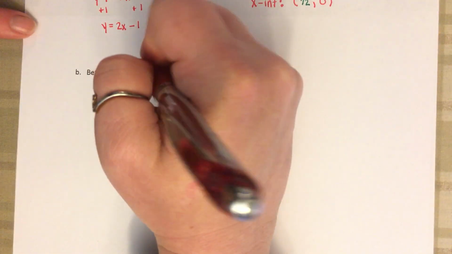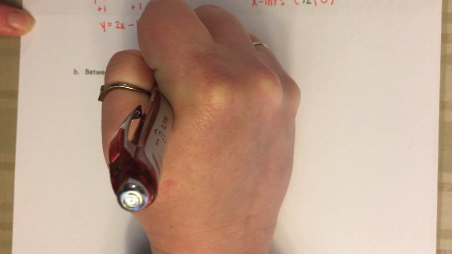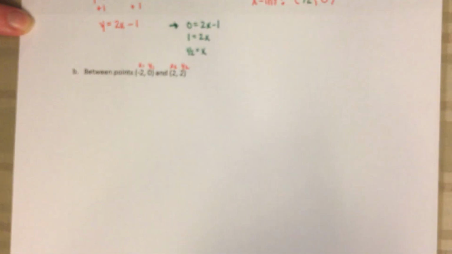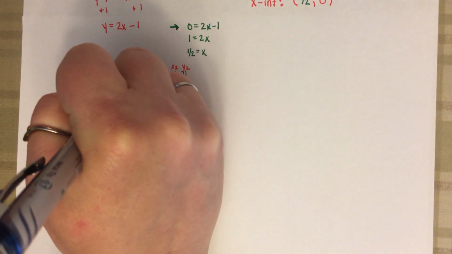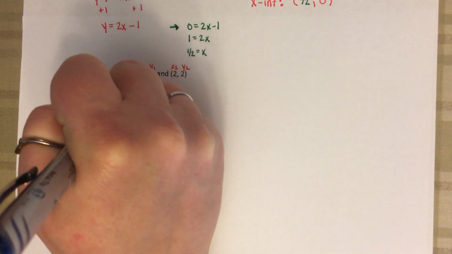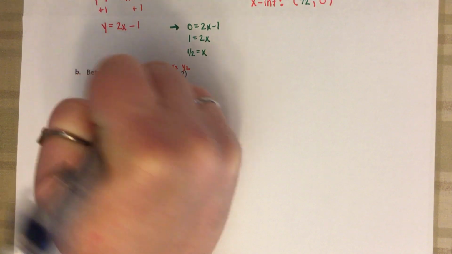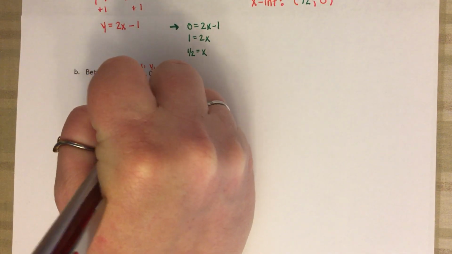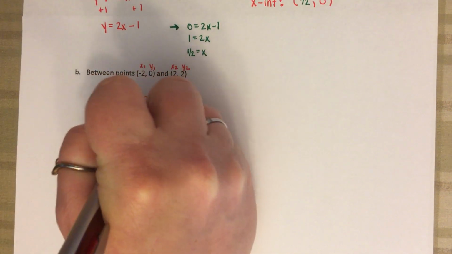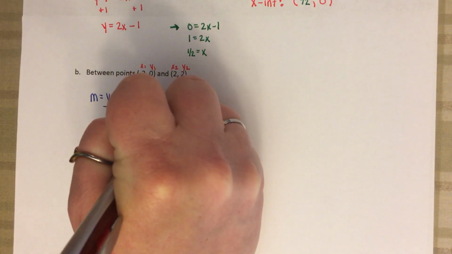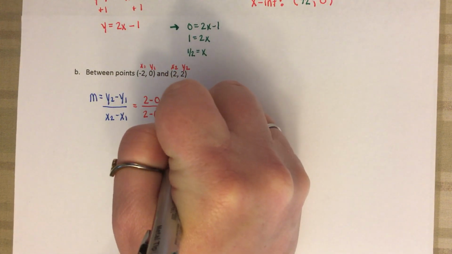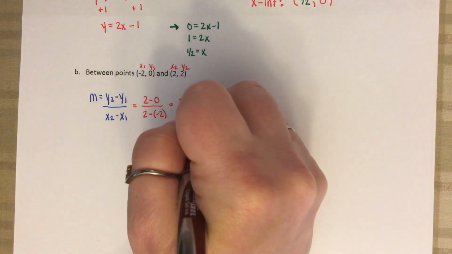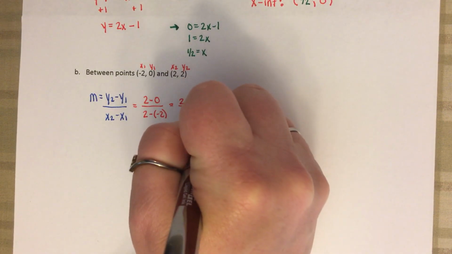Here is my x1, y1, x2, y2, and we're going to start with our slope. m equals y2 minus y1 over x2 minus x1. So we are going to have 2 minus 0 over 2 minus negative 2. 2 minus 0 is 2. 2 minus negative 2 is really 2 plus 2, which is 4. 2 over 4 reduces to 1/2.